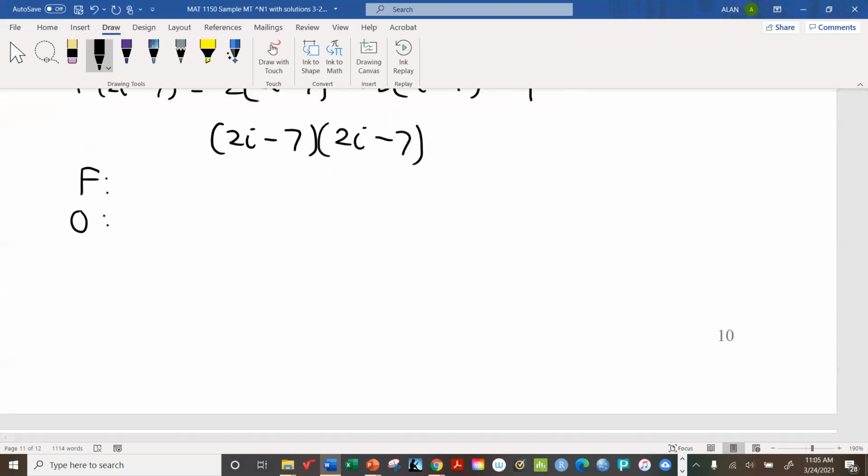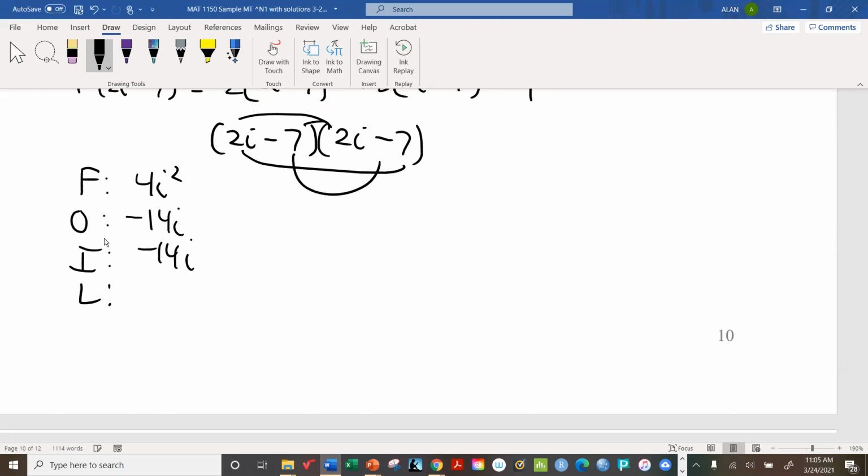So first is 4i squared. So we'll leave it the way it is now. We'll simplify it later on if we need to. Here's O, minus 14i. The inner is also minus 14i. And then last is 49. So we've got 4i squared minus 28i plus 49.